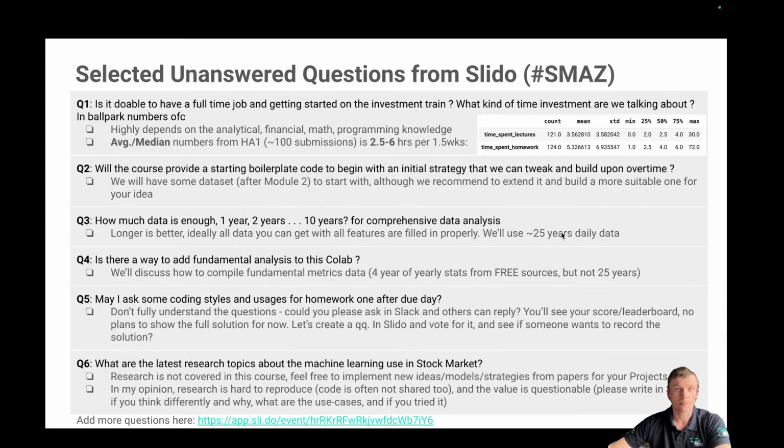of daily data. Next question, is there a way to add fundamental analysis to this Colab? So I will show how you can retrieve fundamental indicators. It's only 4 years of yearly stats from free data sources. I couldn't find a good reliable data source for a longer history.